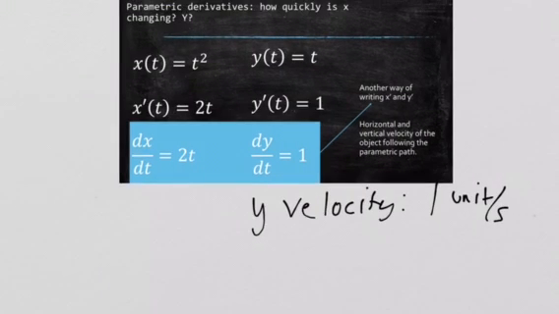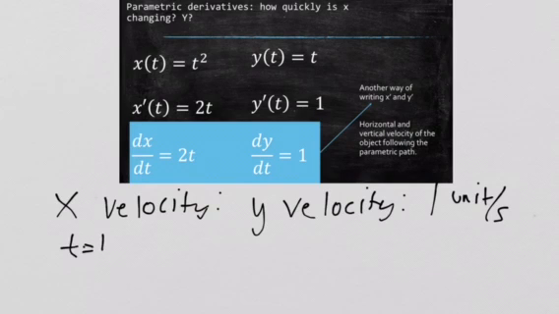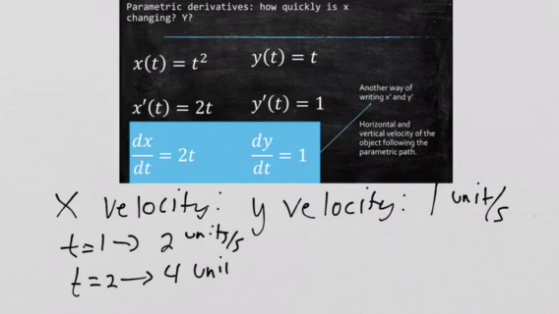But our x velocity is changing. For example, at t equals 1, our velocity is 2 units per second. At t equals 2, our velocity is 2 times 2, 4 units per second. So every second, our velocity is increasing by 2, and that's what this mathematical expression is saying.